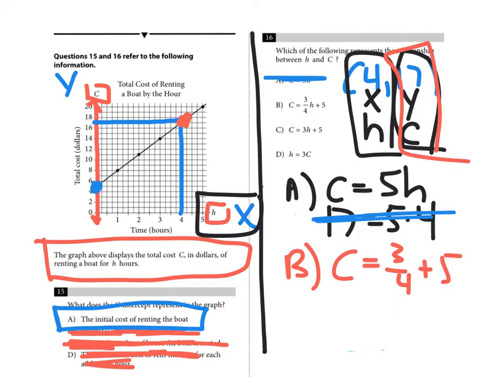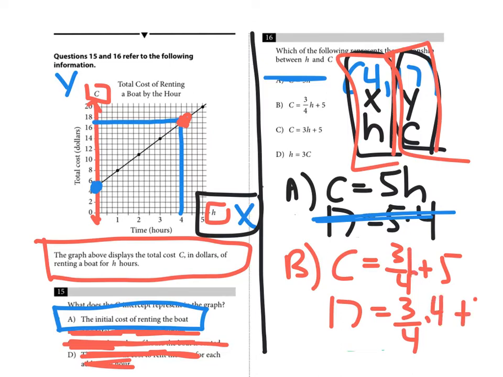Well, c is going to be 17 for that point. That equals 3/4 times 4 plus 5. If I do some math, the 4s cancel, so I have 3 plus 5 is 8. 8 does not equal 17, so answer choice B is incorrect.